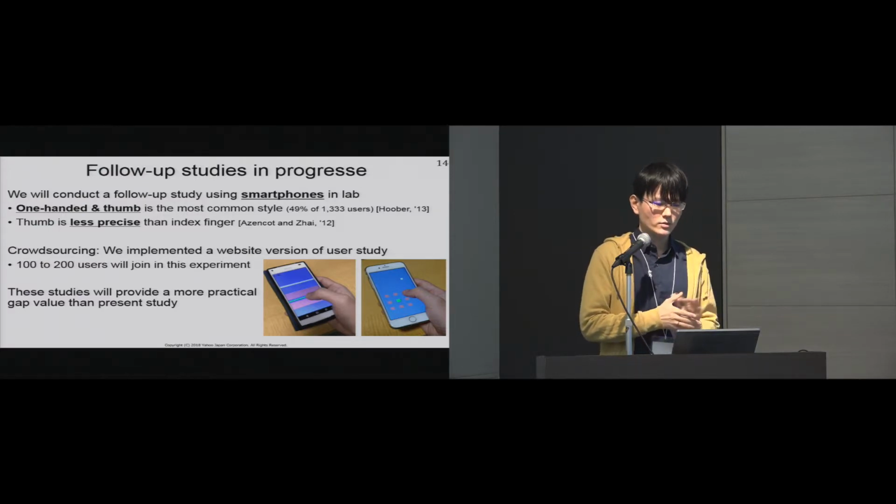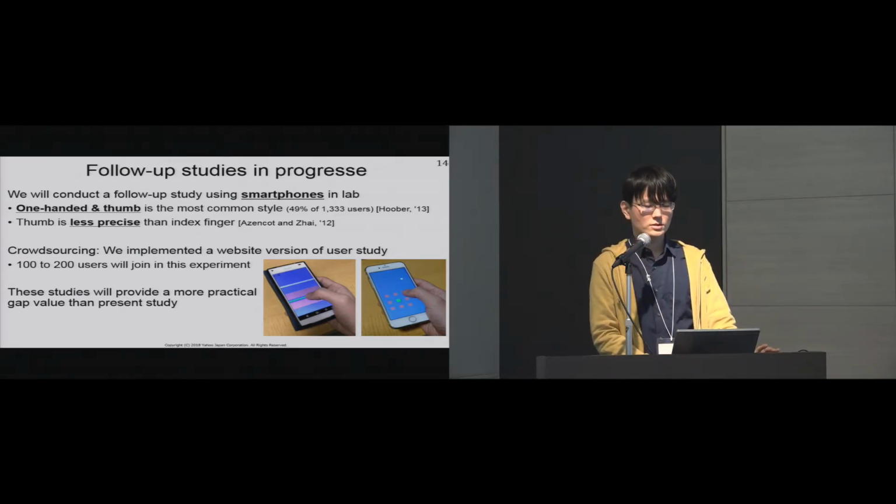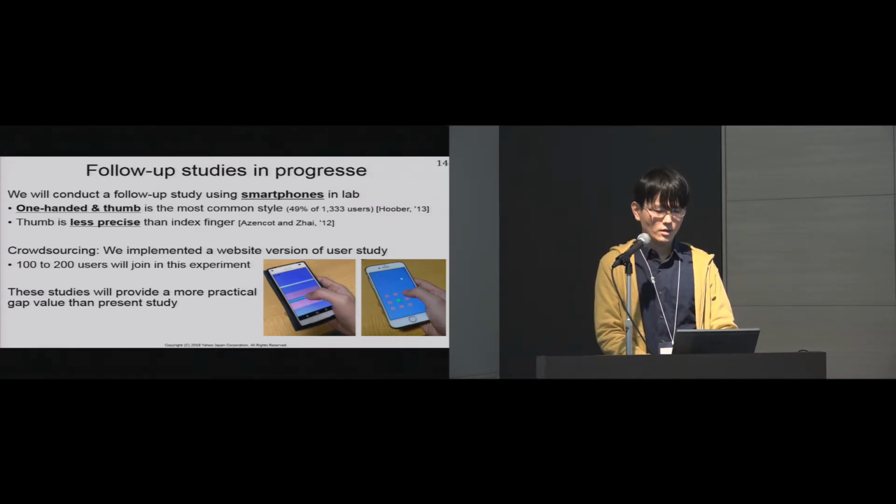Therefore, in the future work, we plan to conduct a follow-up study using smartphones. In this study, participants use their thumbs for pointing performance. And this posture is the most common style for operating smartphones. And thumb is less precise than index finger.